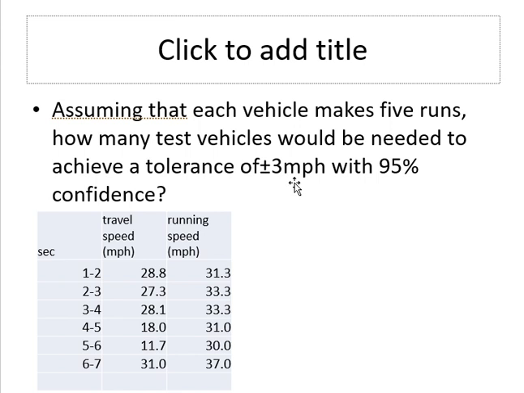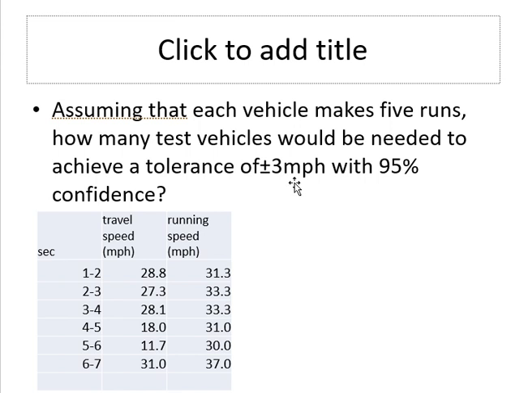So E value is given, and the only thing remaining here is the standard deviation. Now for standard deviation we have this data, right? We need to calculate the standard deviation from the data. Now if you look at the tolerance, the E value is given in miles per hour.